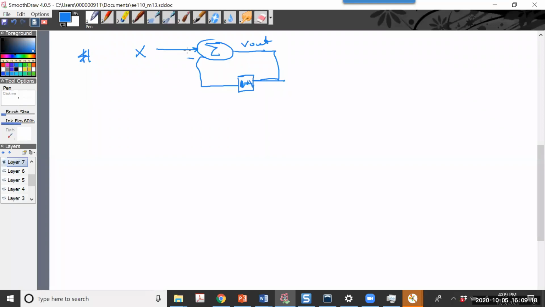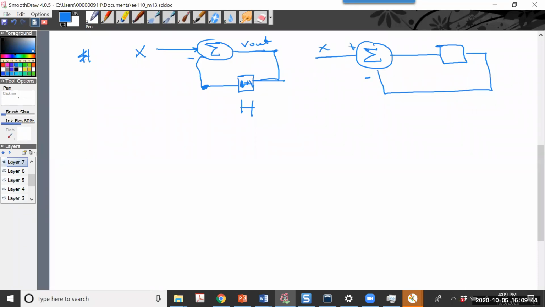Now this is actually the same graph, except before I was taking V out here. Now I'm taking it out here. So I just redrew it differently, but really, I'm just taking it out here. All right, so let's redo it.